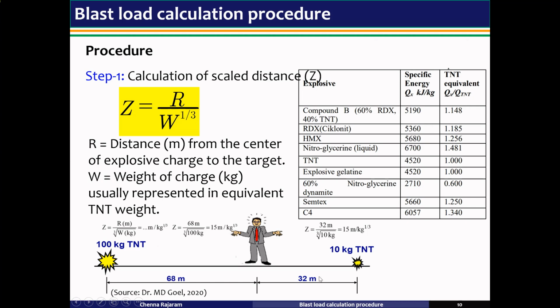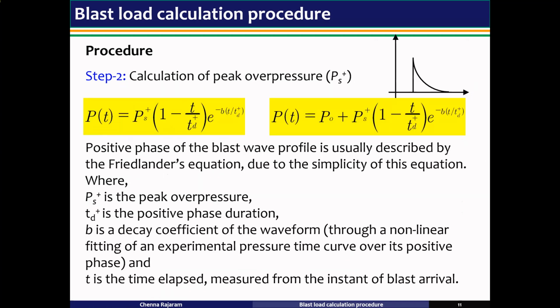And in the other case where TNT is equal to 10 kg and distance is equal to 32, we get the same value.